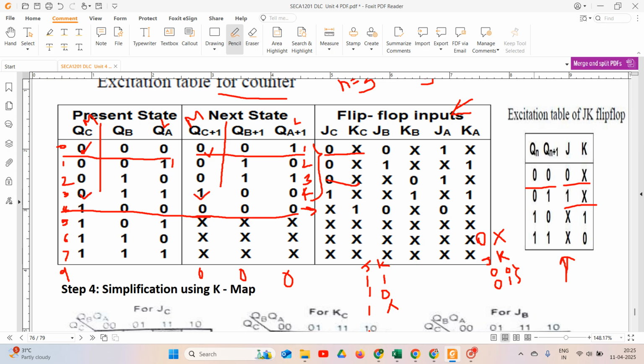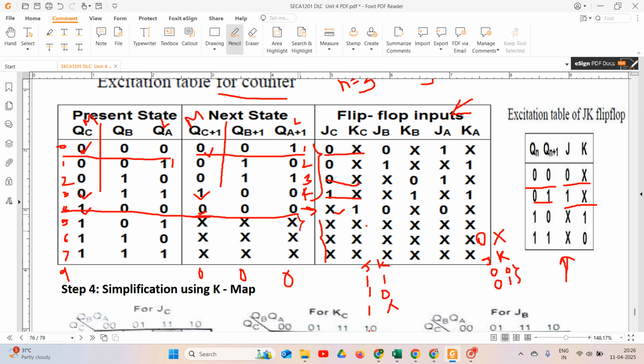After that, here it is my 0 and my next state is 1. So you have to see the excitation table of the JK flip-flop. 0 1 means 1 don't care, so you have to write 1 don't care. Similarly, this is my 1 and my next state is 0. 1 0 means don't care 1, so you have to write don't care 1. For the remaining 5, 6, 7, it is an undetermined condition, so you have to write it like that. For all the input conditions JC, KC, JB, KB, JA, KA, these are undetermined.